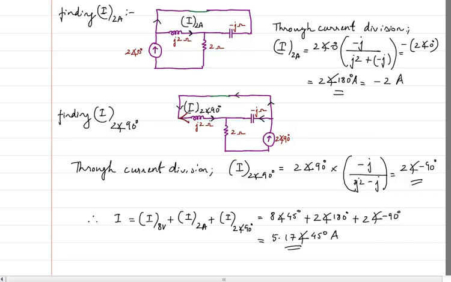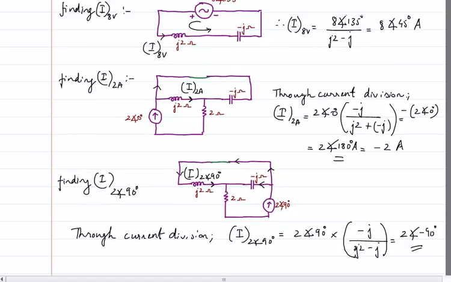It should flow like this, but that is not the same direction that we have assumed initially. So what we have to do? Nothing. We have to write that this is going to be minus of the whole thing. Why? Because the direction was opposite, and then based on that you will get the answer. So take care of the directions. But in the end, whatever answer you get, you just have to add them all up because the direction is already taken care of.